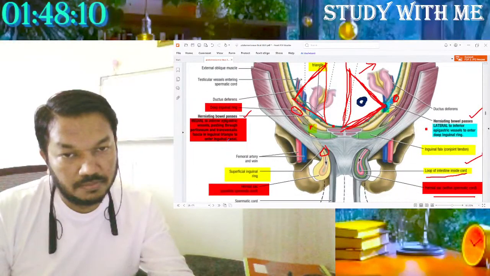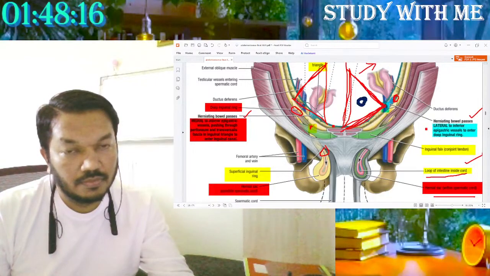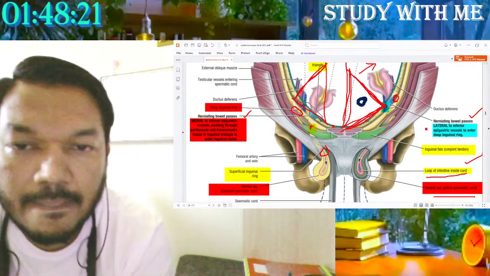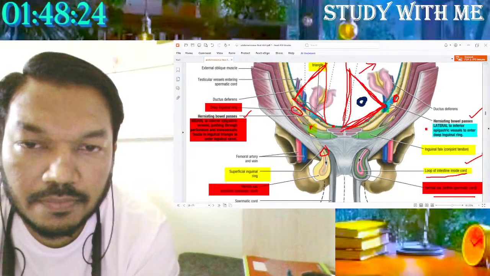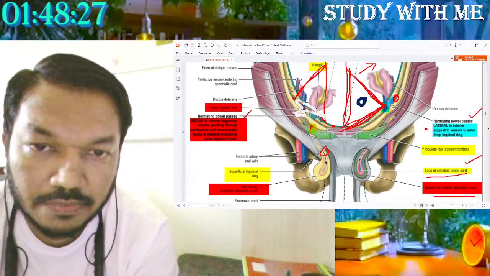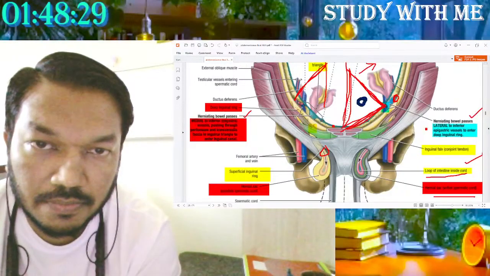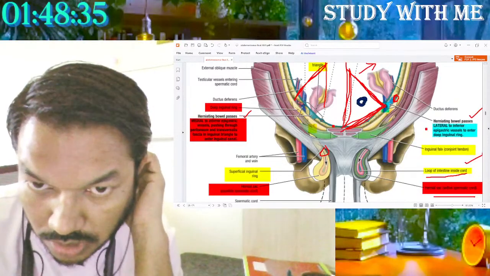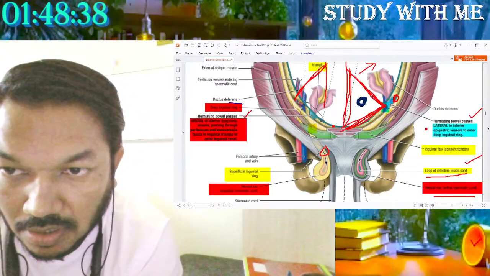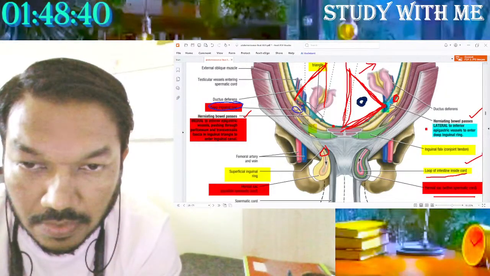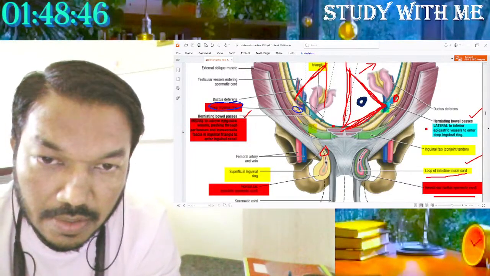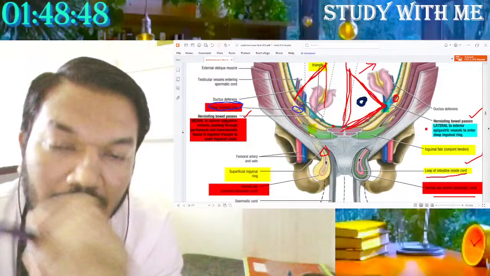Again, a very nice picture. So you can see this is deep inguinal vein here, and here we have superficial inguinal vein.